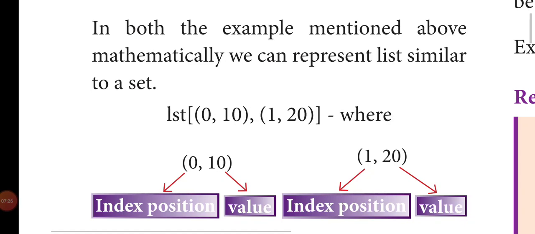Both methods use the pair, that is the index position and the value, which is given in the pictorial form. The index value always starts with 0. So at position 0 the element is 10, and the second element at position 1 is 20.